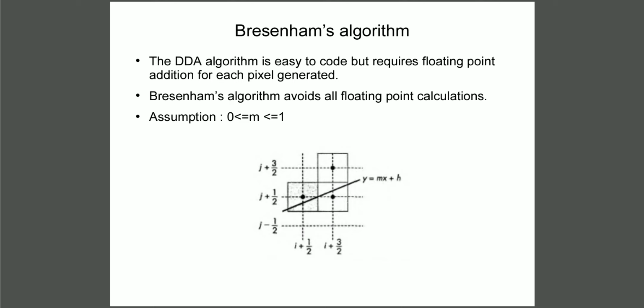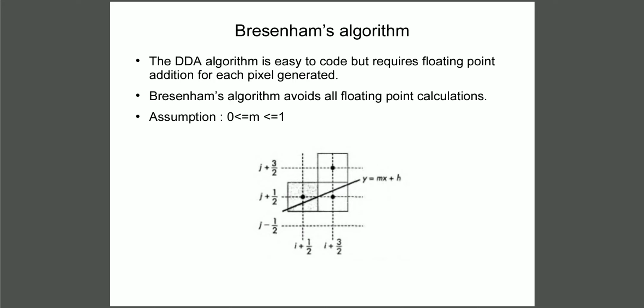From that point we need to update the next pixel until we reach the second vertex of the line segment. In that case we have two options to update the next pixel, that is whether to update the pixel (i + 3/2, j + 1/2) or (i + 3/2, j + 3/2). Those two pixels are represented as two dots in the next column.